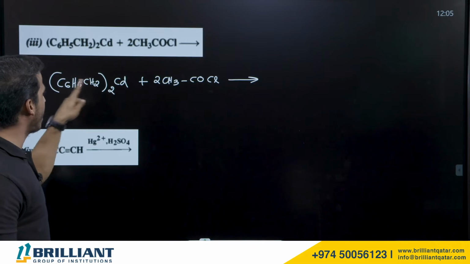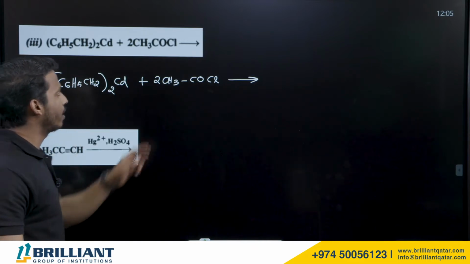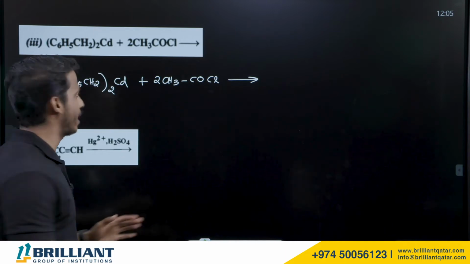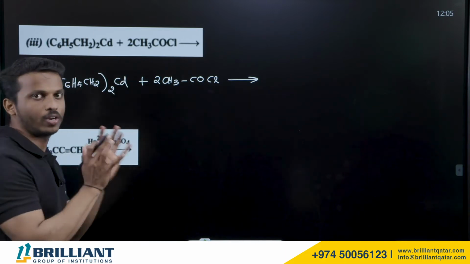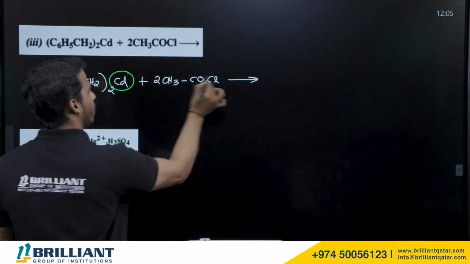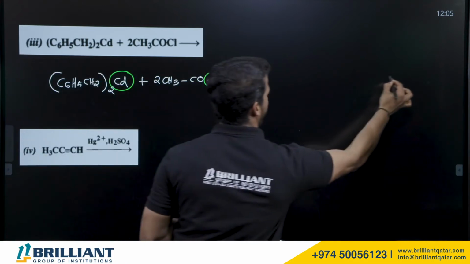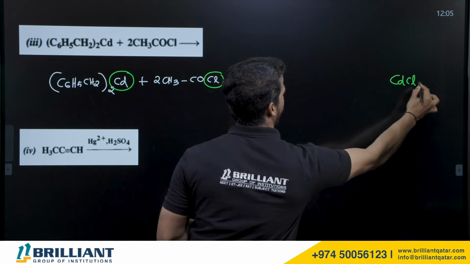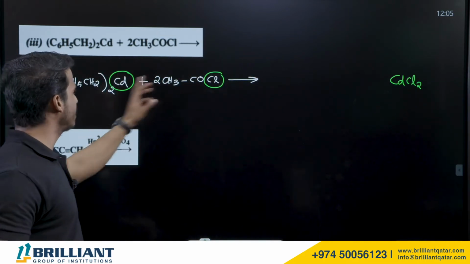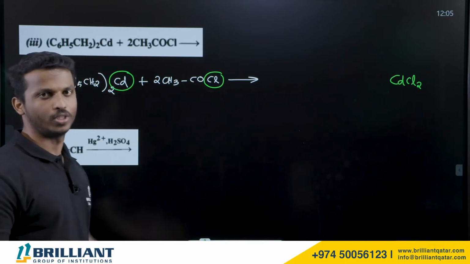When a dialkyl cadmium is treated with an acid chloride, what happens? A very simple reaction, dear students. Please remove this cadmium and chlorine. It is removed as CdCl2, cadmium dichloride.